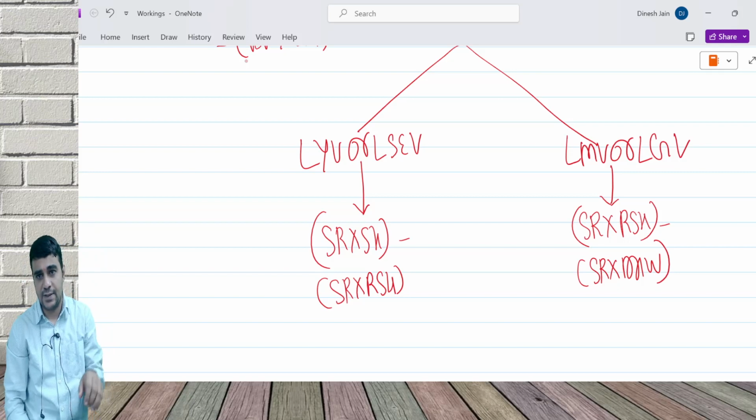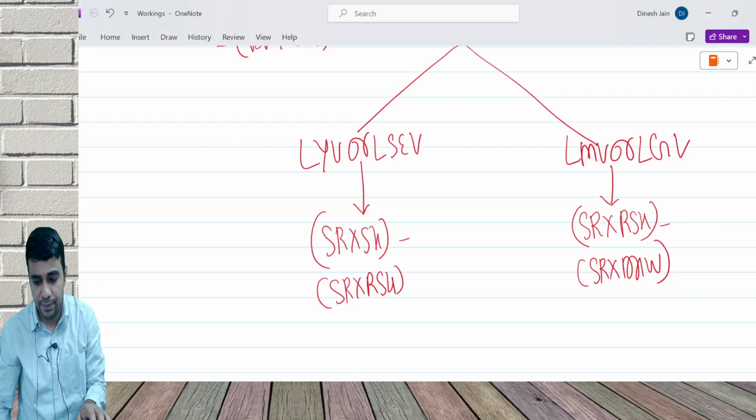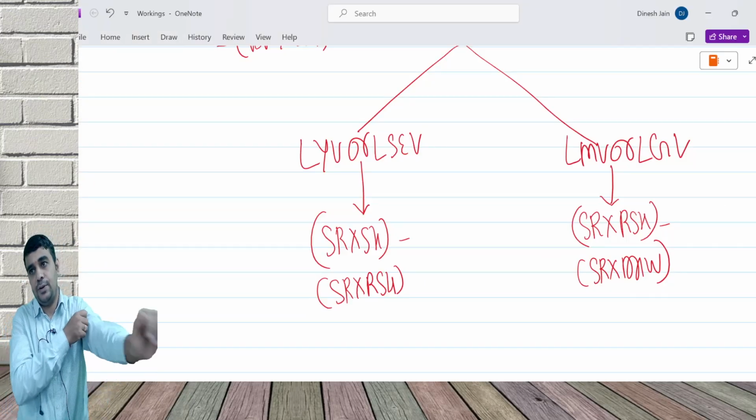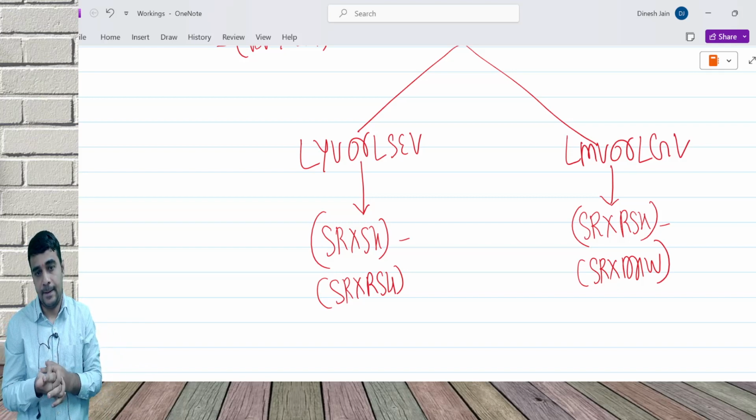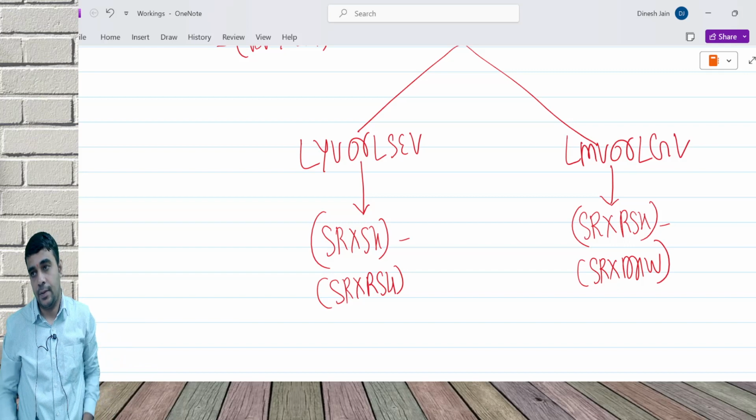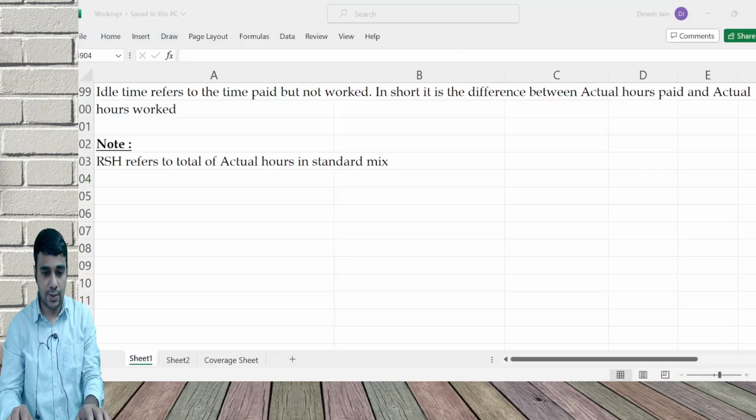All these are self-explanatory. If there are doubts, let me know. Any doubts on this, please let me know. SR into RSH minus SR into AHW. Can you proceed? Any doubts? Done. Now write a note.